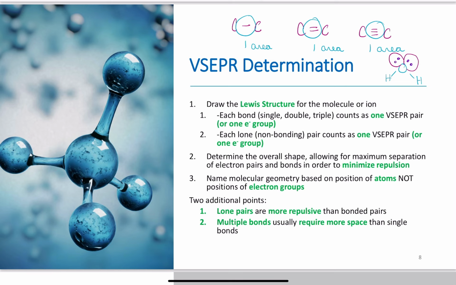With this, you're going to determine your overall shape, allowing for maximum separation of electron pairs and bonds in order to minimize your repulsion. Name your molecular geometry based on the position of atoms, not position of electron groups. We have 2 different types. We have what we call your electron geometry, and we use this to find your molecular geometry.